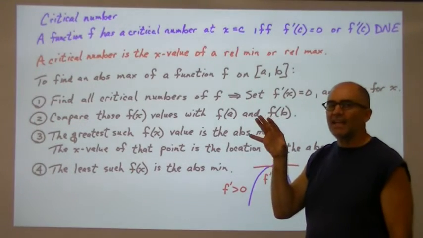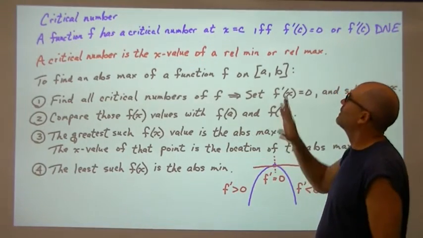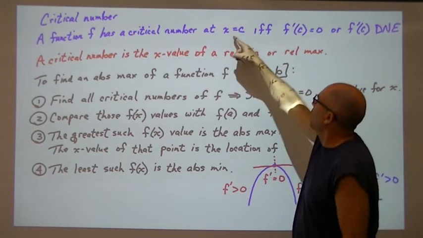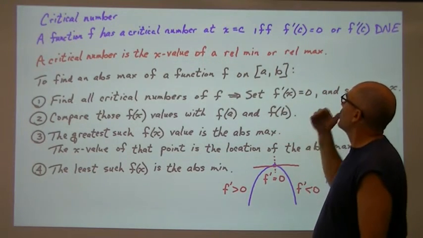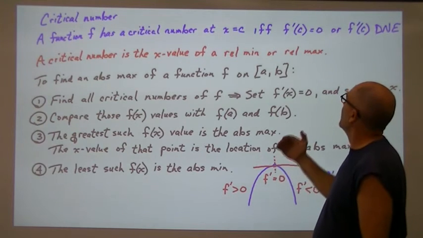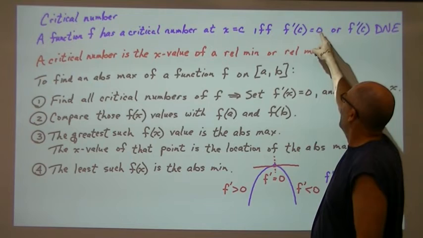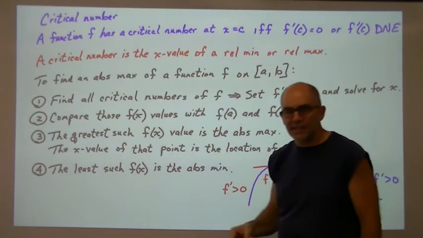It's an x value, or I'm sorry, the critical number is actually the y value. The location of the critical number is the x value. But the critical number is going to be the place on the function where either the derivative is 0 or the derivative does not exist.